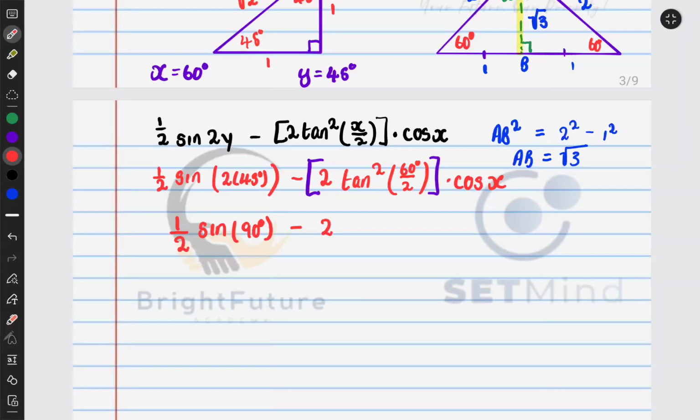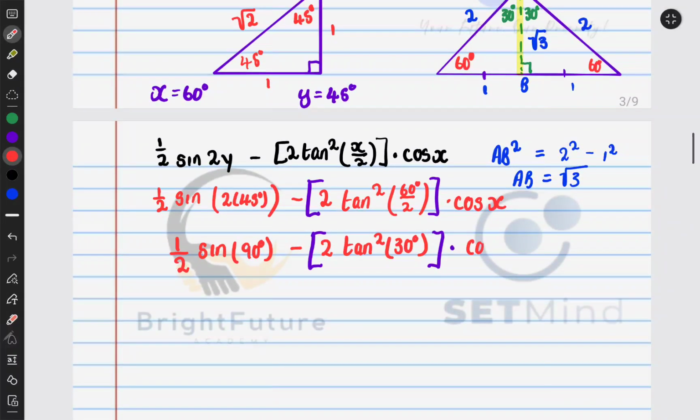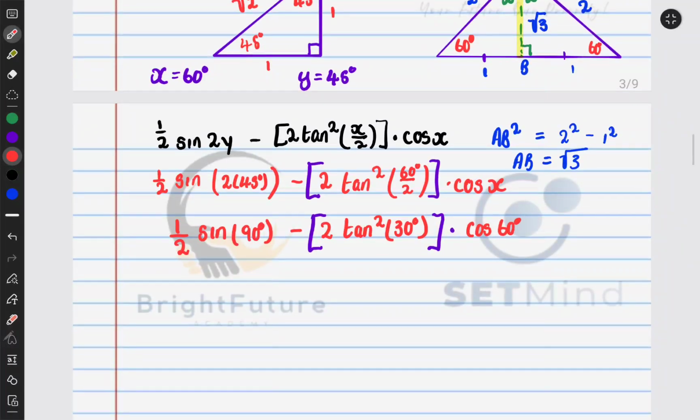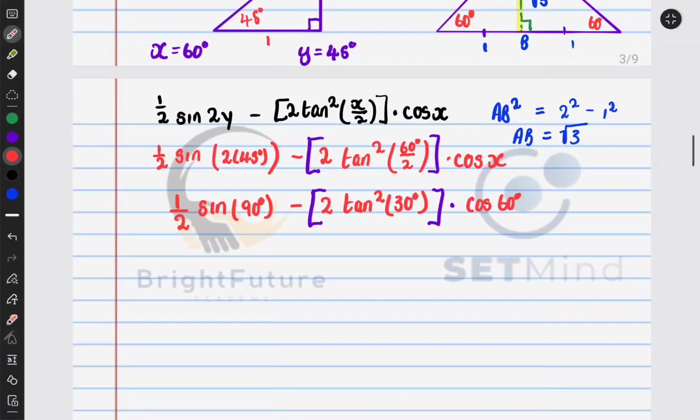So we're gonna have 2 tan squared 30 degrees. So this one is in brackets, multiplied by cos 60 degrees.